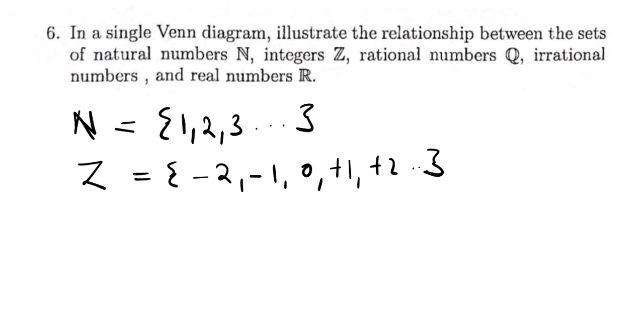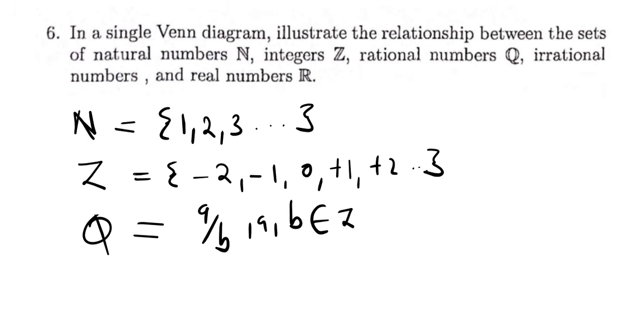Those are integers. And then when we're talking about rational numbers, the symbol there is Q. It looks like a Q actually. So these are all numbers that can be written in the form of A over B, where A and B are members of integers, and B should not be equal to 0.